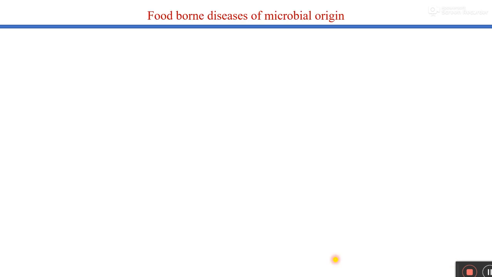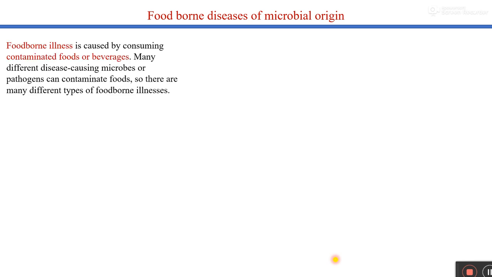Now I would like to talk about foodborne diseases of microbial origin. Foodborne diseases are generally caused by consuming contaminated food and beverages. Many different disease-causing microbes or pathogens can contaminate foods, so there are many different types of foodborne illnesses.